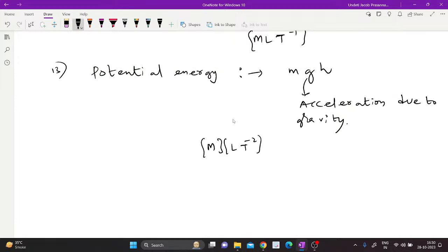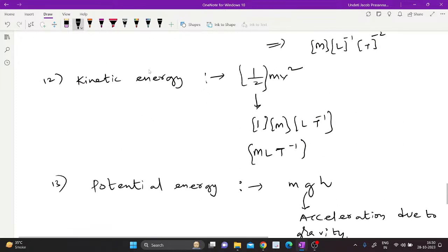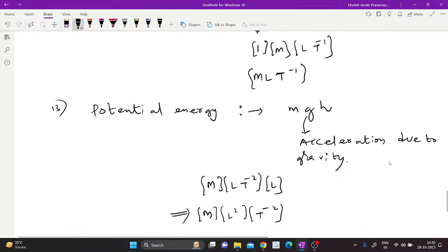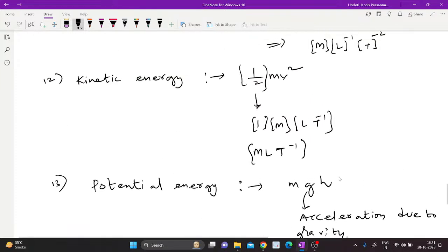So you can write it like this: m, acceleration is distance per time square, L t power of minus 2, and L. So it comes out to be m L square t power minus 2. What you need to understand is whether it is potential energy or kinetic energy. Just a minute, there is a mistake here. M L t power of minus 2 into L, half m v square. Sorry, it is v square, right?